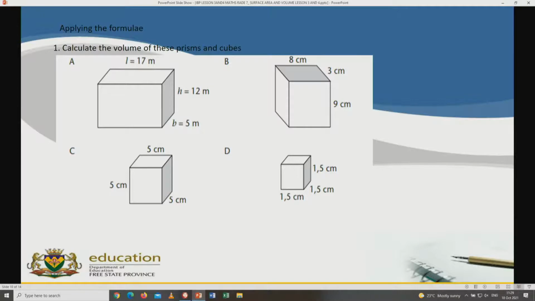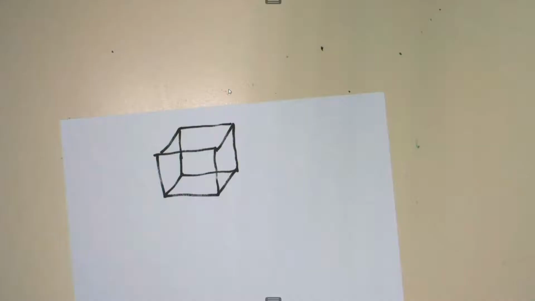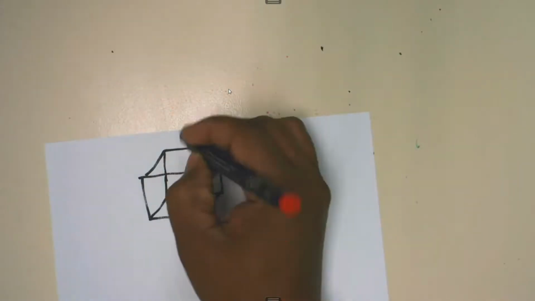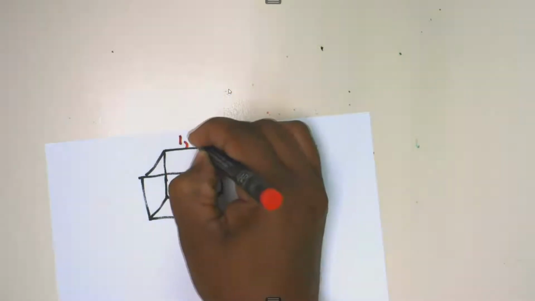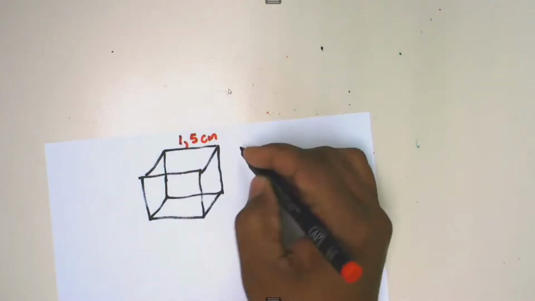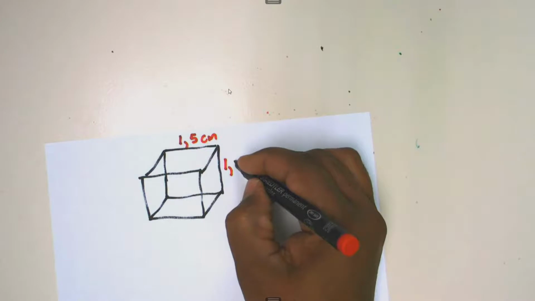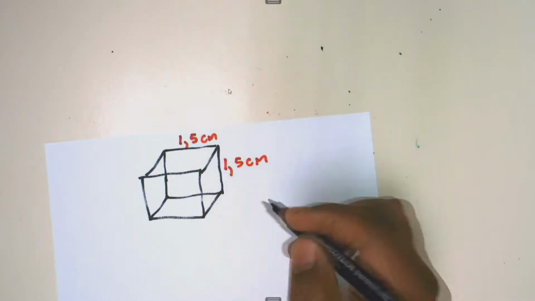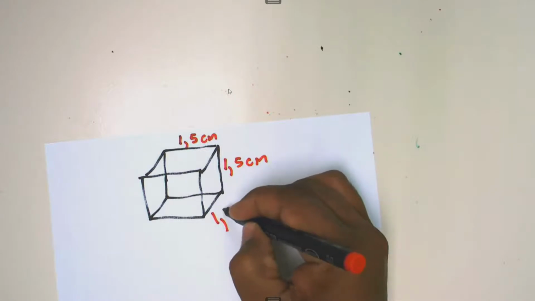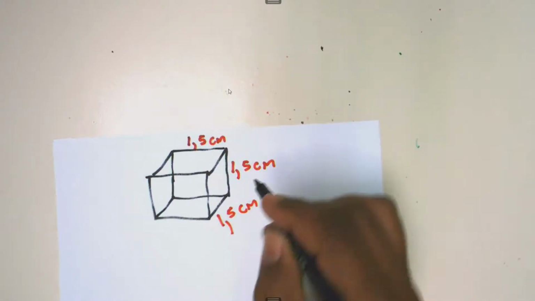All the lengths are 1,5 centimeters. Therefore, let me try and draw this. It's a cube, and therefore it's given as 1,5 centimeters. The length here, which we refer to as the height, is 1,5 centimeters. And therefore here is also 1,5 centimeters.